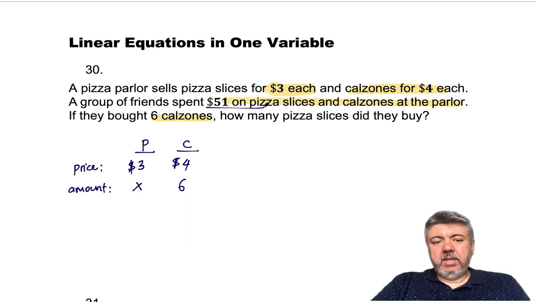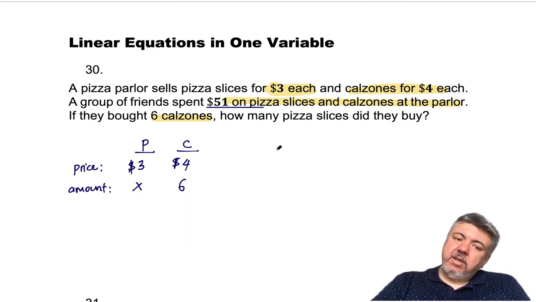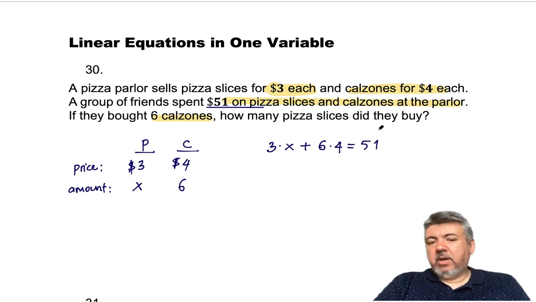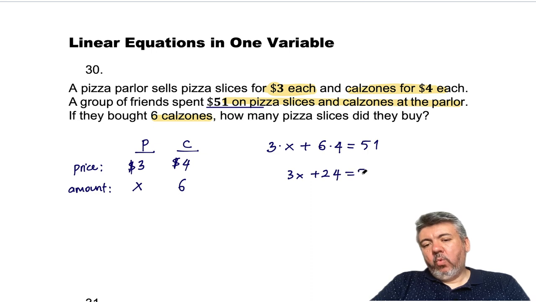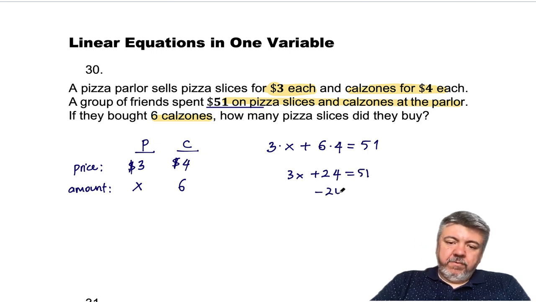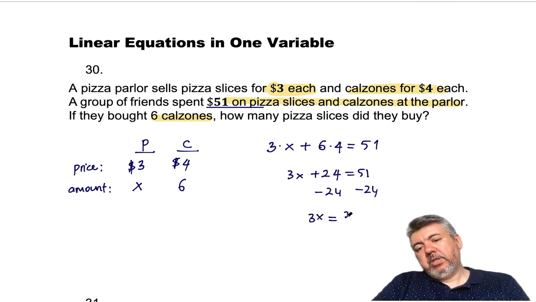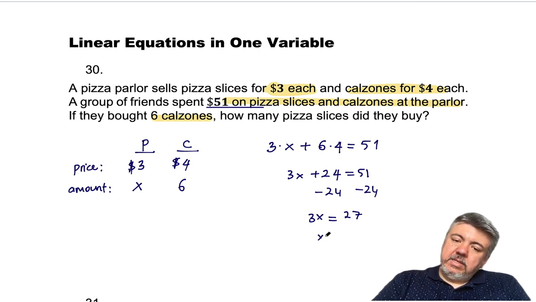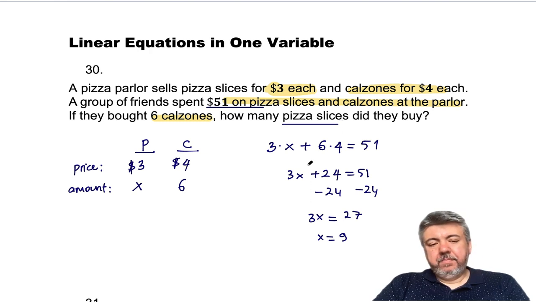And the total bill is 51. I buy x pizzas for $3 and 6 calzones for $4 and I pay 51. That's my equation: 3x plus 24 is 51. Take away 24. 3x is 27, I believe. x is 9. So 9 pizza slices they bought.